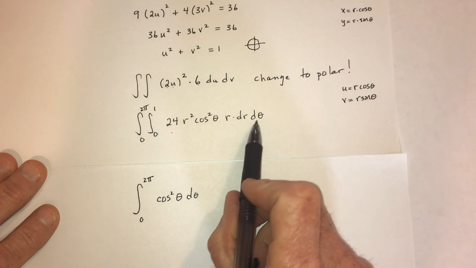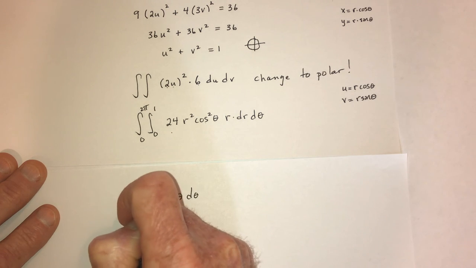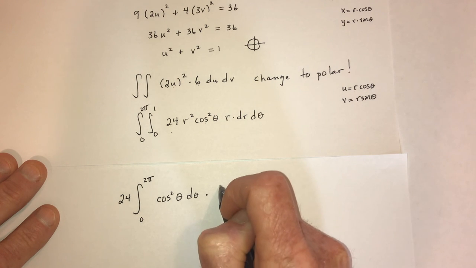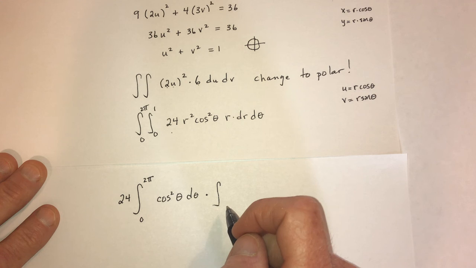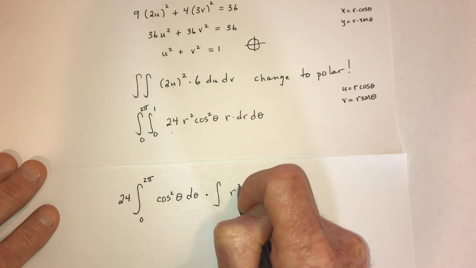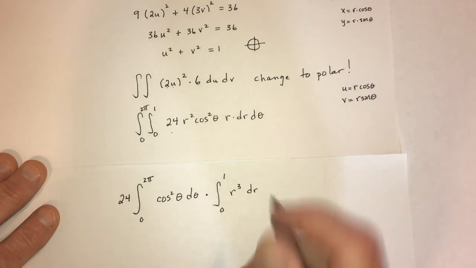And that is the only theta information. This 24, we could just factor it out. Then multiply with, for the r's, so there's r and r squared, so that's r cubed, dr, and that goes from 0 to 1.